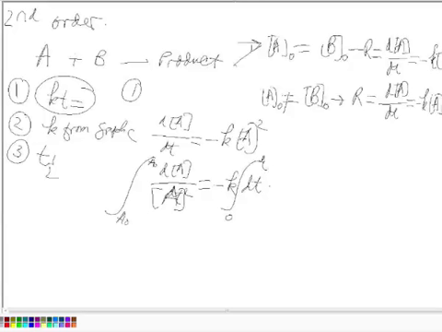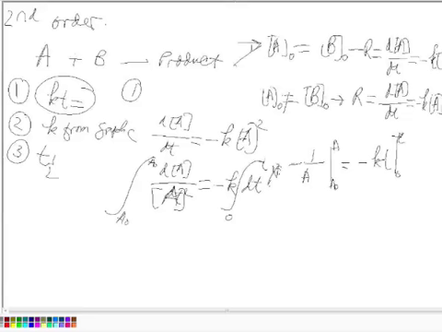So what we have from over there is, minus, okay, integral from A0 to A equal to minus integral from t0 to t.